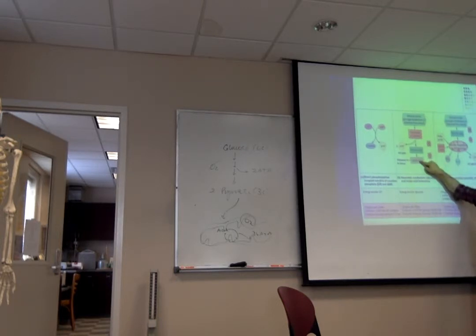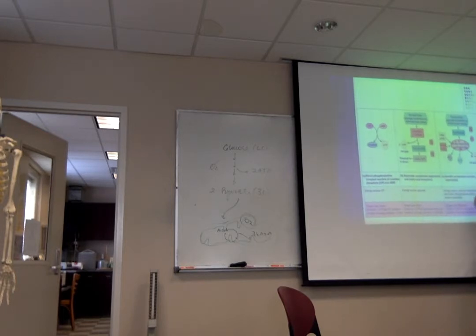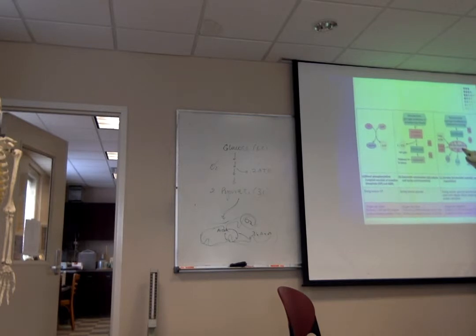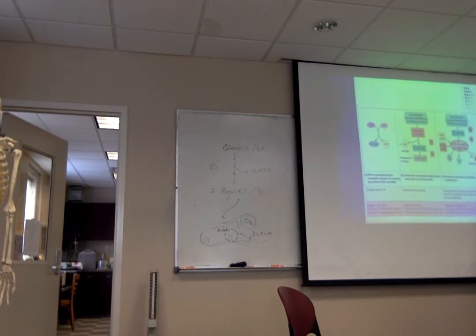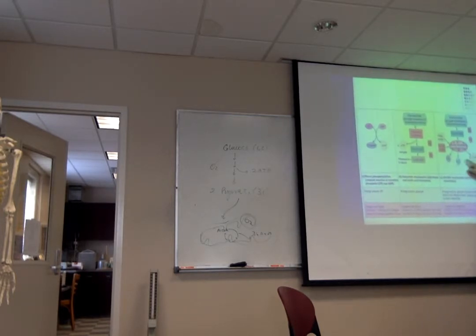It brings about muscle fatigue. Is that where your muscles start to cramp? Yeah, that's part of the buildup of lactic acid. Now, if oxygen's available, though, pyruvate enters into the mitochondria, and we can generate a whole lot more ATP. Waste products, though, include CO2 and water. This is aerobic metabolism.